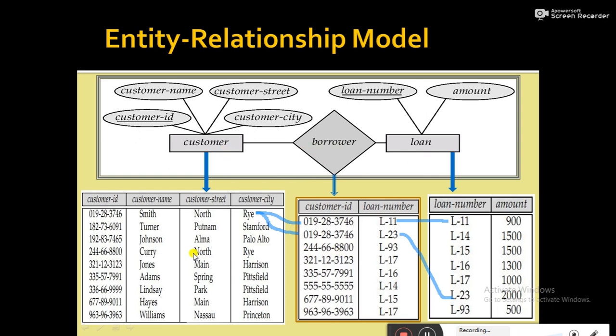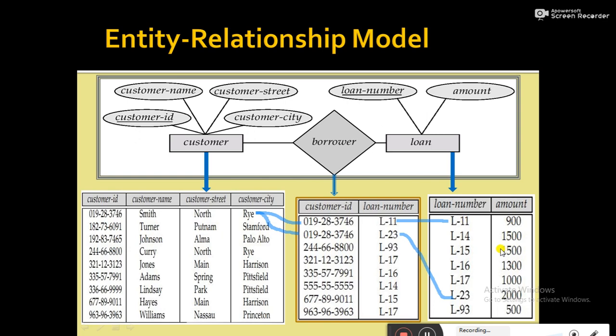And take another example. For example, there is a customer named Turner whose customer ID is 182736091. Now check whether that customer has any loan or not. The corresponding customer ID is not present over here. That means that particular entity is not at all associated with any entities in the entity set loan.